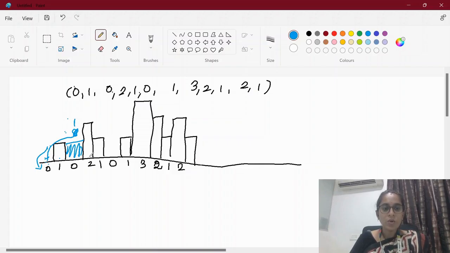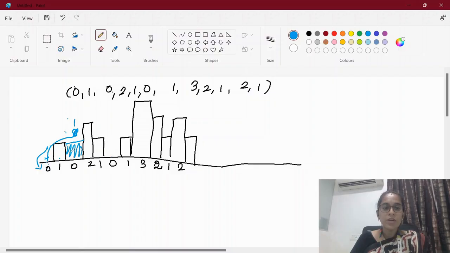Looking into our next positions, coming to a center point, how many units of water will be stored here? From the left to right, we have to look at the minimum and maximum height of the left and right of this center position.